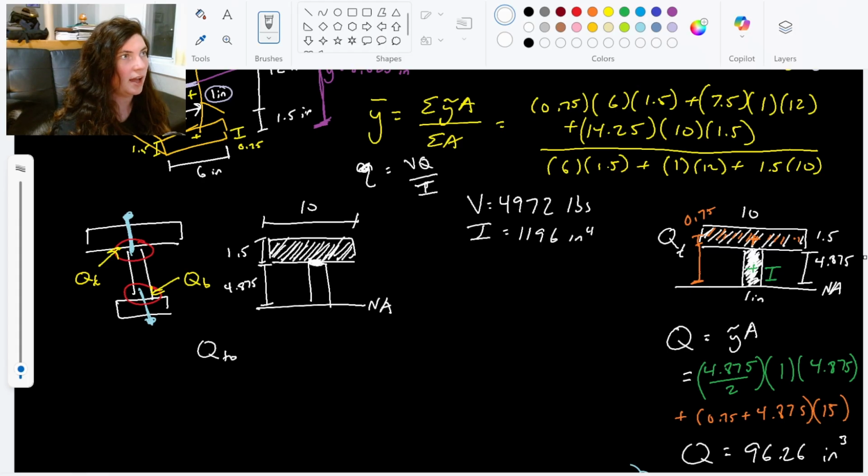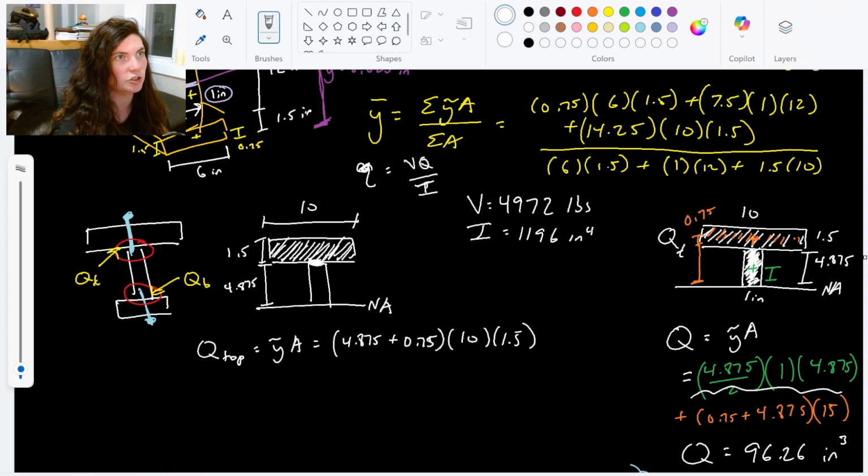So Q top, right, our first moment of area for the top, y tilde A, is going to be 4.875 plus 0.75 times 10 times 1.5, right? It's literally just the orange portion of that Q equation that we had done earlier.